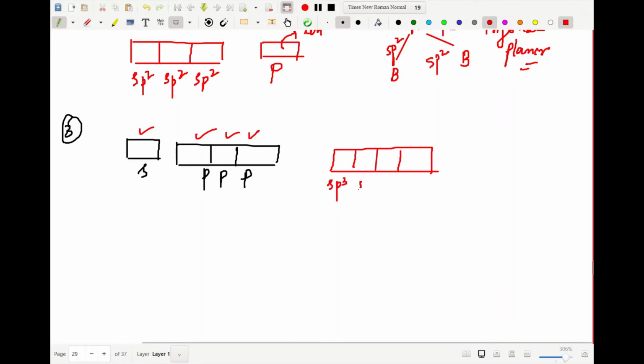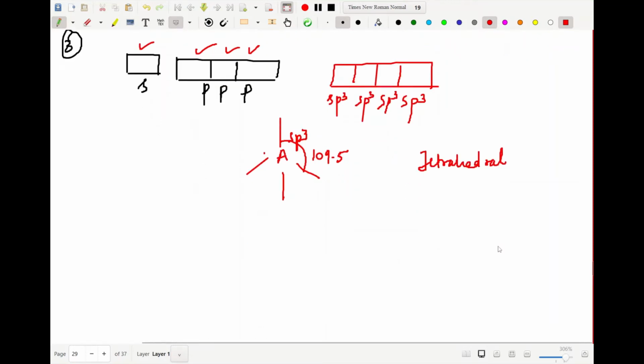All of these will be sp3 hybridized orbitals. And in this case we are going to have a molecule with a central atom and four bonds. All these four bonds are going to be sp3 hybridized, and the angle is going to be 109.5 degrees, because my shape or geometry here is tetrahedral.